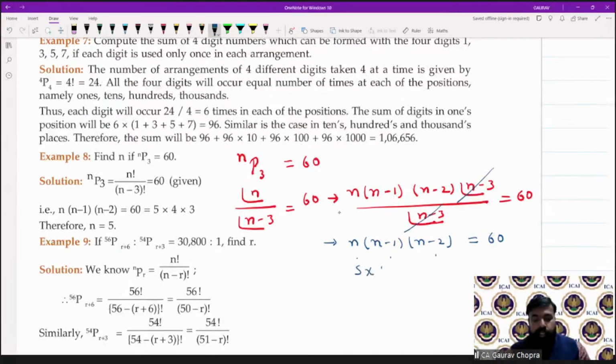So 5 into 4 into 3 is equal to 60. Therefore n is equal to 5. So using the hit and trial method, you can easily simplify. Or you can put the options in the beginning also, in place of n in nP3. You can try the options 5P3, 4P3, 6P3, and you can easily solve the question.